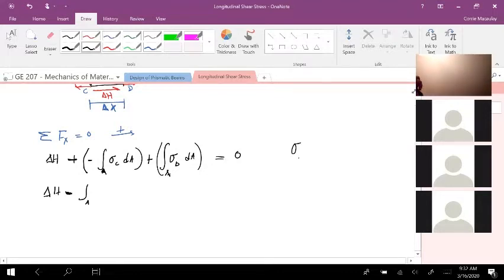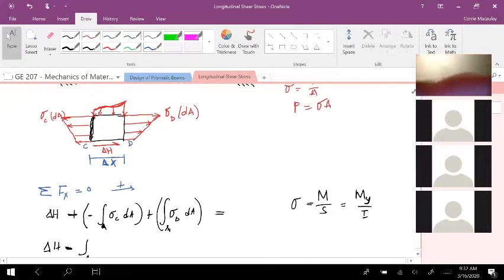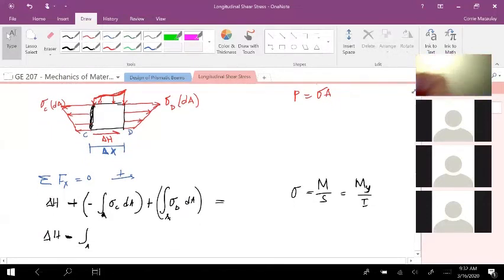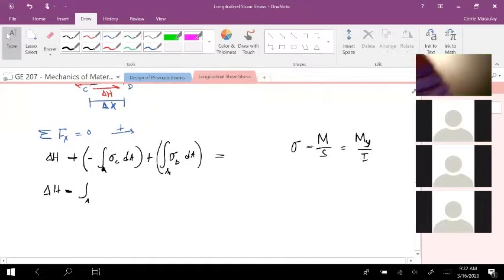Right? Sigma equals what? M over S, right? M over S, or My over I, or MC over I, right? But since we're looking at forces along the beam, not necessarily just at the top, I'm going to use Y, right?